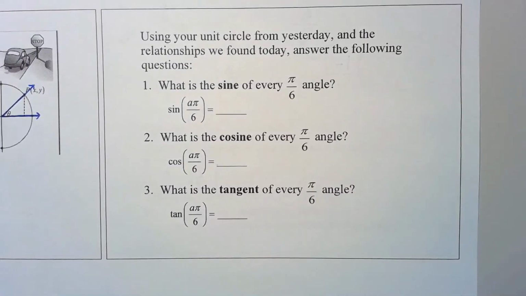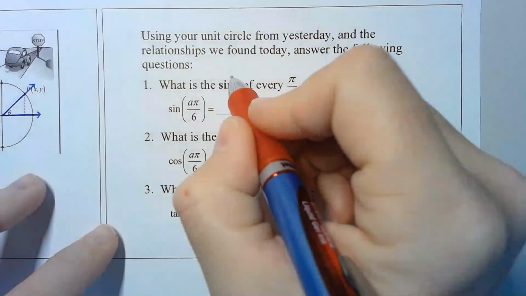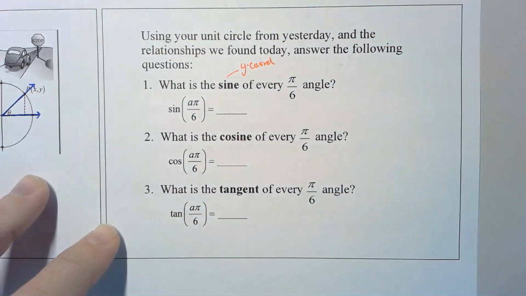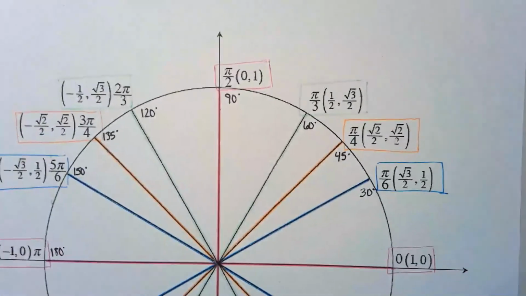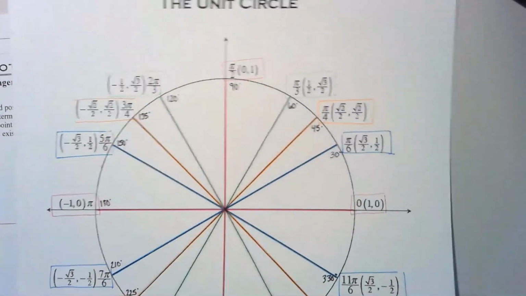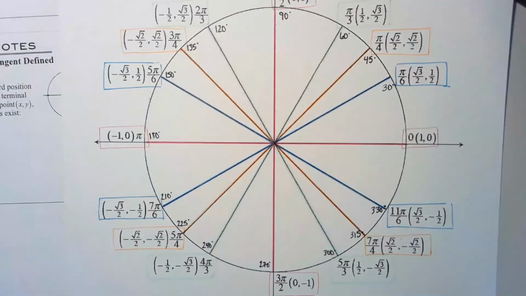So let's wrap up with this here. It says, using your unit circle that we've been using and the relationships we found today, let's answer the following. It says, what is the sine of every pi over 6 angle? So remember, sine is the y-coordinate. Well, let's go look at our unit circle. I'm going to back it up a little bit so we can see more. All right, so my pi over 6 angles are my blue angles, right?